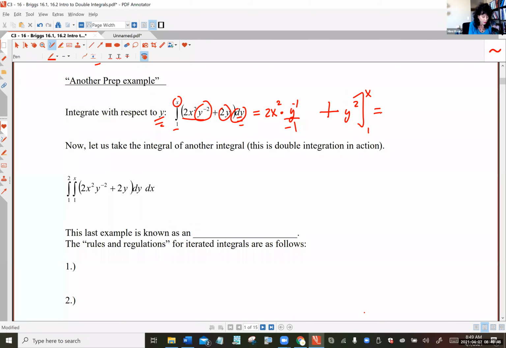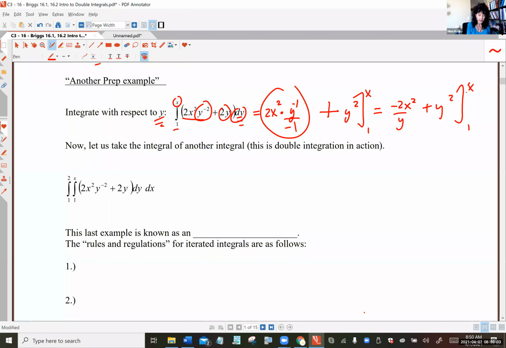But first, I want to rewrite this term. Before I do any substituting, I recommend you also please rewrite it with positive exponents so that you don't do anything weird. So this is the antiderivative that I'm going to evaluate between 1 and x.